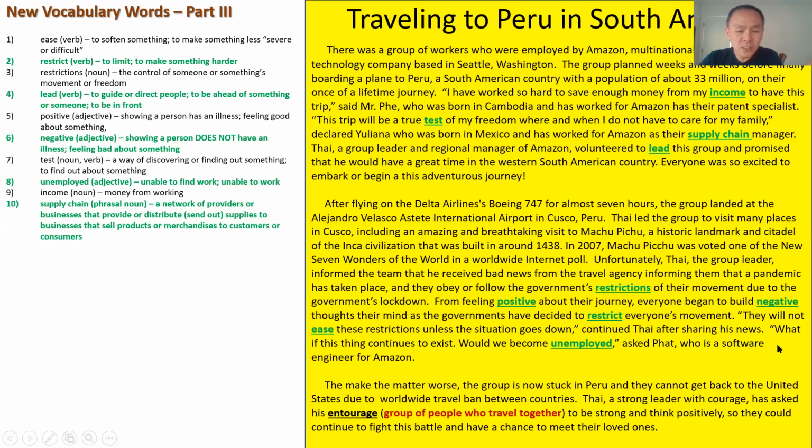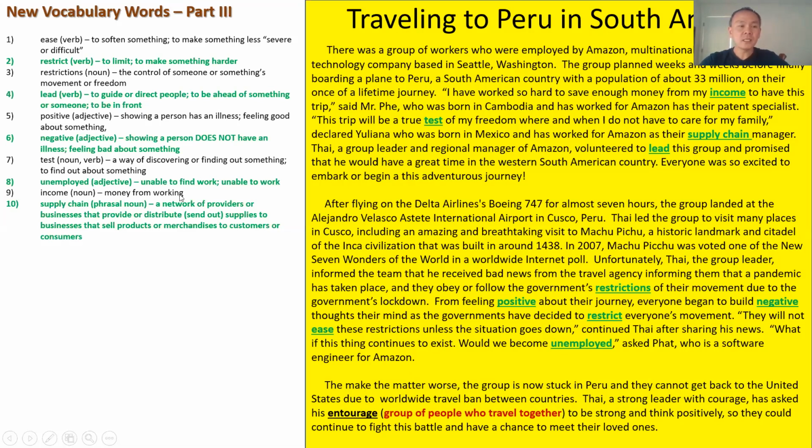"What if things continue to exist? Would we become unemployed?" asked Fact, who is a software engineer for Amazon. To make the matter worse, the group is now stuck in Peru, and they cannot get back to the United States due to a worldwide travel ban between countries.